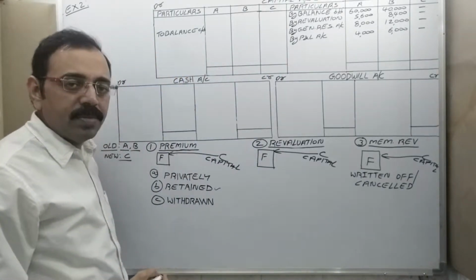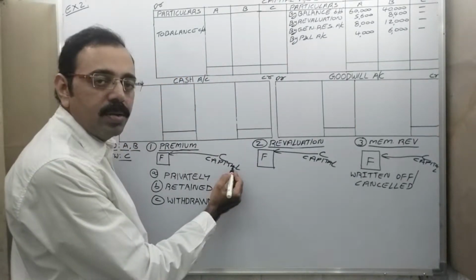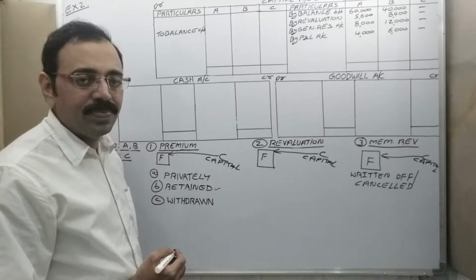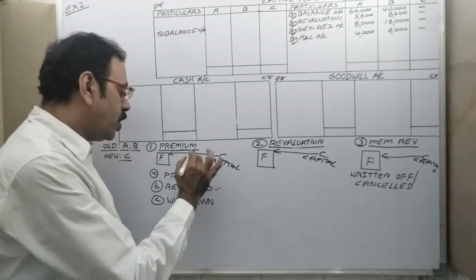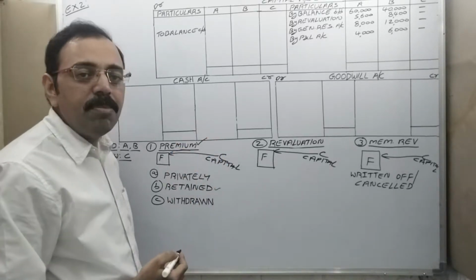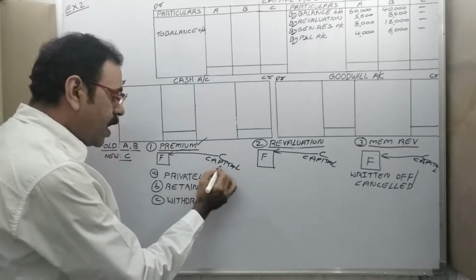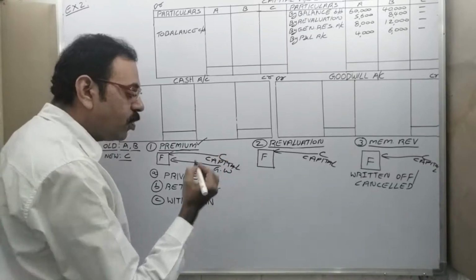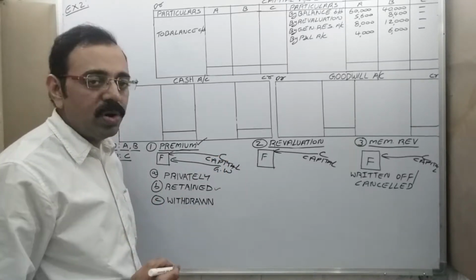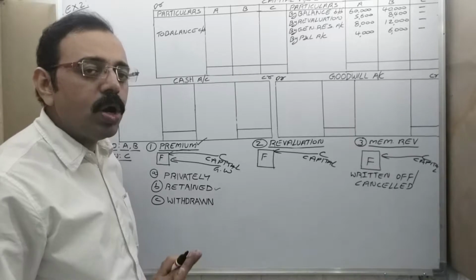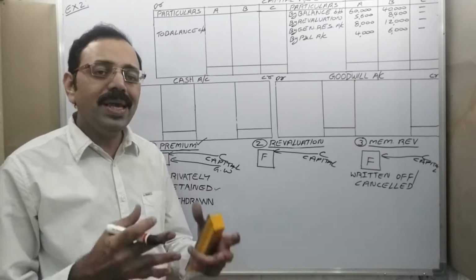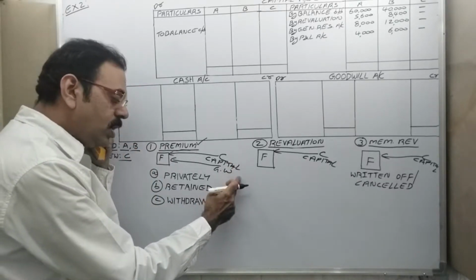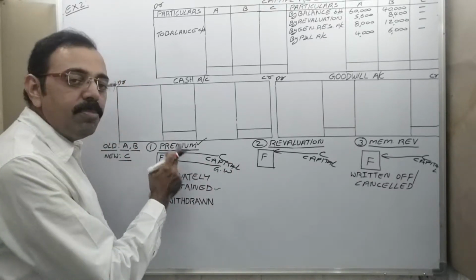And assume that along with the capital, the new partner is bringing his share of goodwill also. In that case, we should apply premium method. Remember, the new partner does not bring total goodwill. He brings only his share of goodwill. When he is bringing capital and goodwill both, then we should apply premium method.